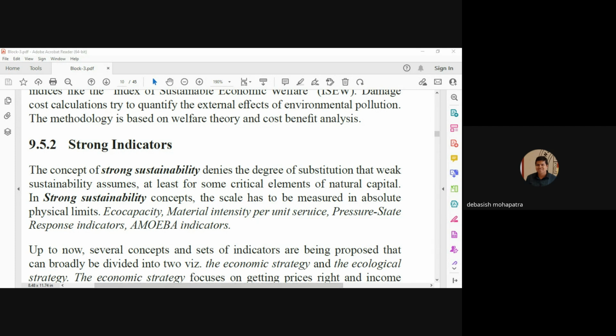In the strong sustainability concept, the scale has to be measured in absolute physical limits: eco-capacity, material intensity per unit service, pressure-state-response indicators, and amoeba indicators.